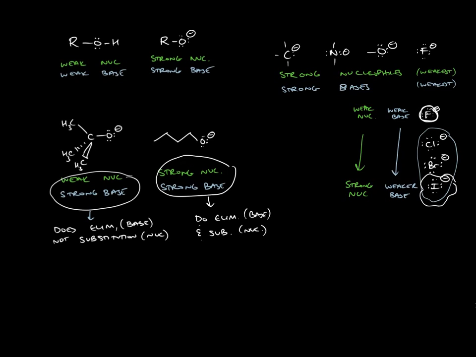Therefore, we have two competing trends. Things that are bulky can be non-nucleophilic bases, and we have some examples. Bulky, non-nucleophilic strong bases. These are what you would want to use if you wanted to do elimination, but not substitution.